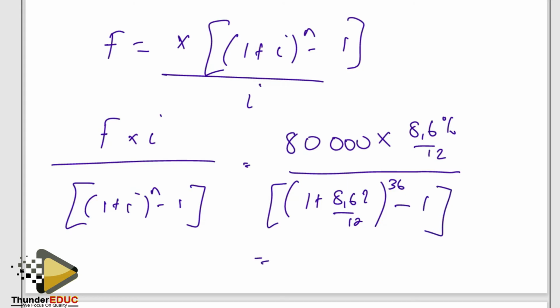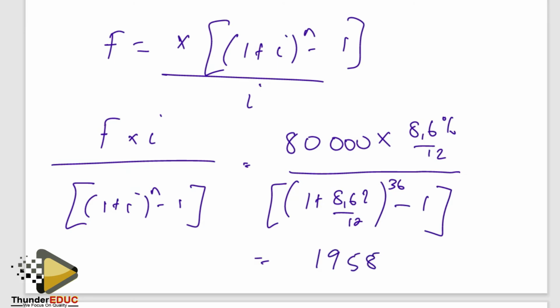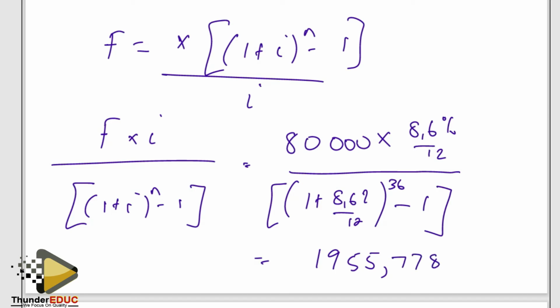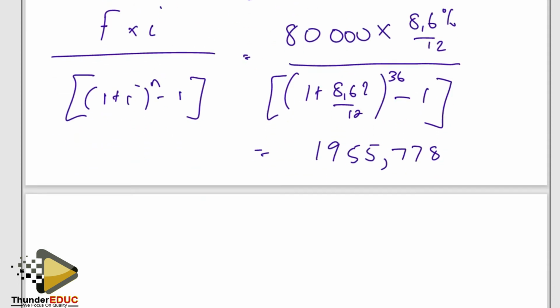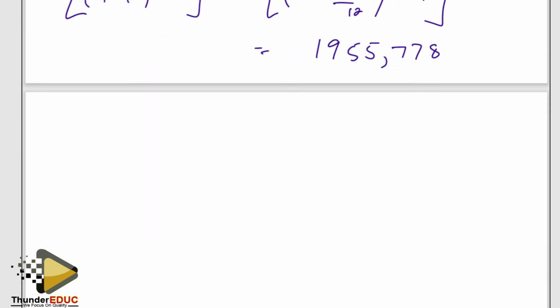When I put this into my calculator, I'm ending up with 1955. It's a 5, not 8. So 1955.778. That's how much Tandy will be paying into the account.